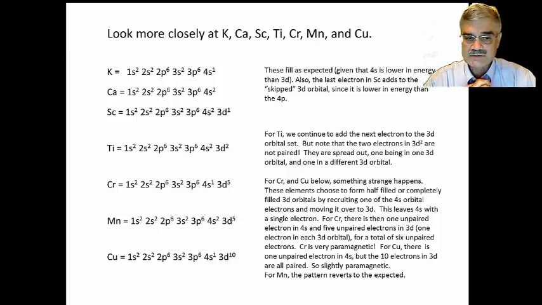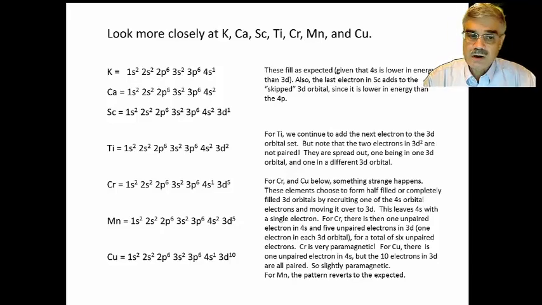So again, scandium is 1s2, 2s2, 2p6, 3s2, 3p6, 4s2, and then 3d1, a single electron in a 3d orbital subshell. Now, would scandium be paramagnetic? Yes, it has a single unpaired electron. Would calcium? No. Would potassium? Yes, because it has a single electron in 4s1.